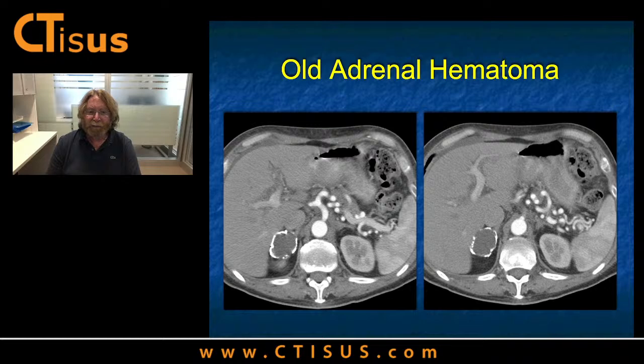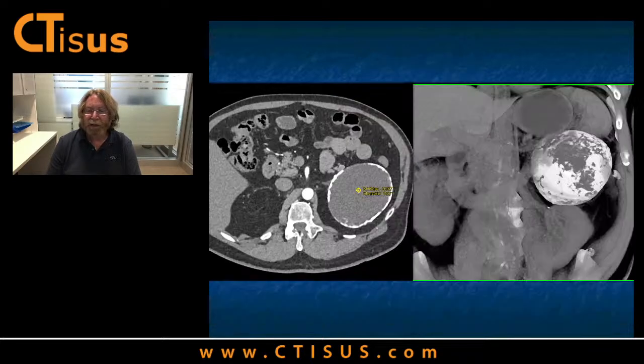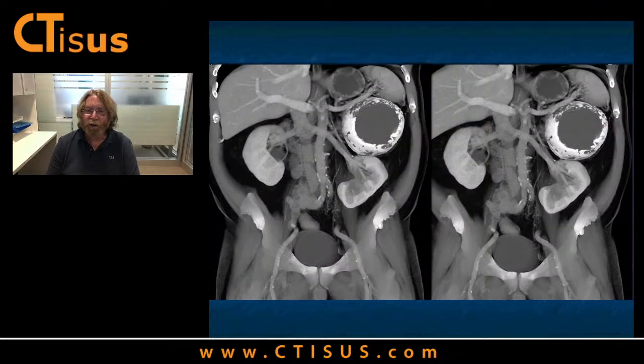Now, just to make the point that not every adrenal calcified lesion is an old hematoma, what about this patient with left upper quadrant pain? Yes, you can argue, is this a spleen or a pseudocyst or something else, but when you look at the coronal views, you recognize it looks like a globe sitting on top of the left kidney. I thought it was an old hematoma, to be quite frank.